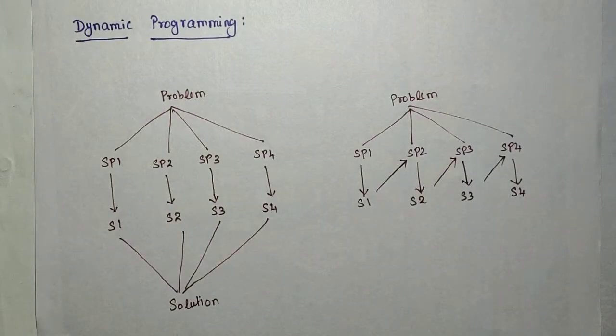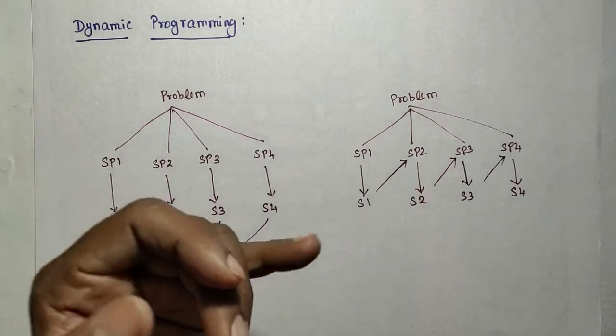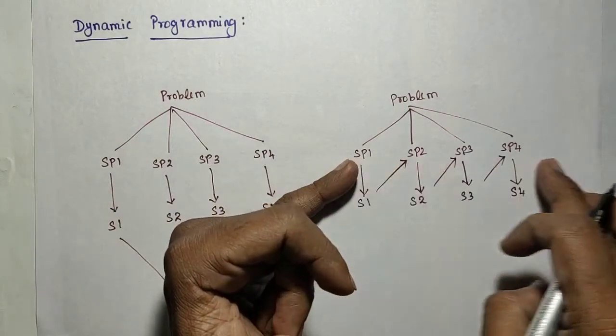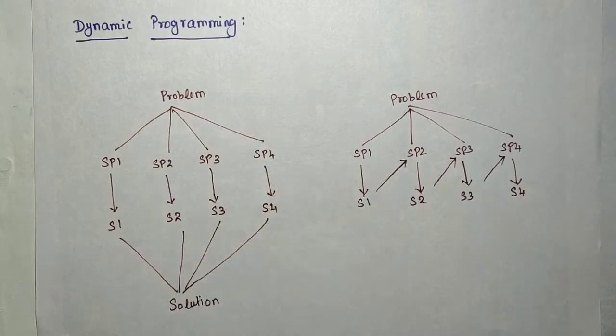In dynamic programming, the problem is divided into smaller size subproblems. Once divided, we start solving the problems one by one. While solving, the subproblem solution will be stored in a table, so that the next subproblem may utilize the solution of the smaller size subproblems.